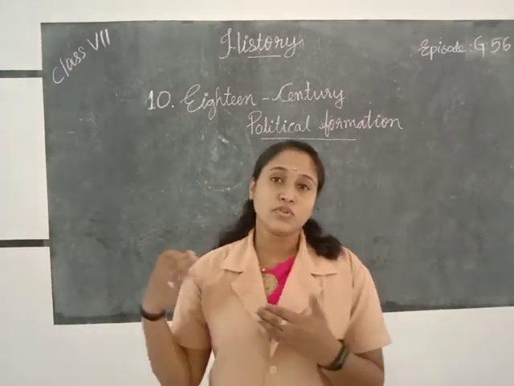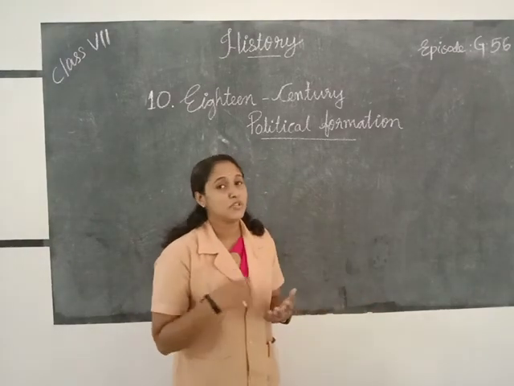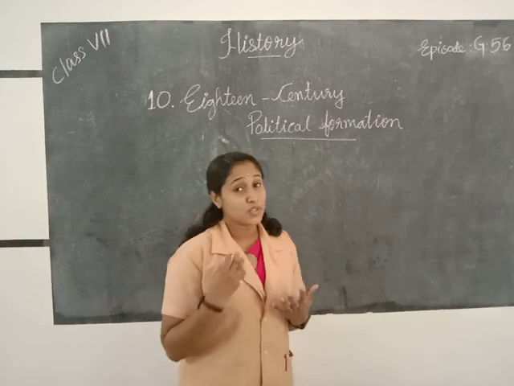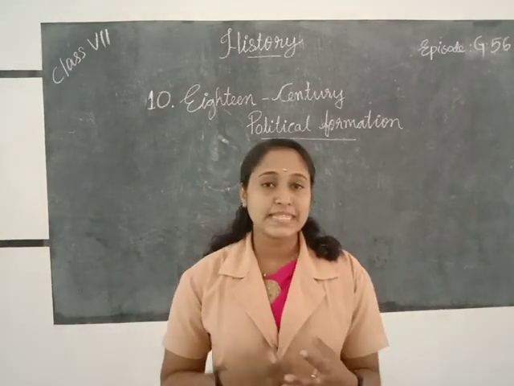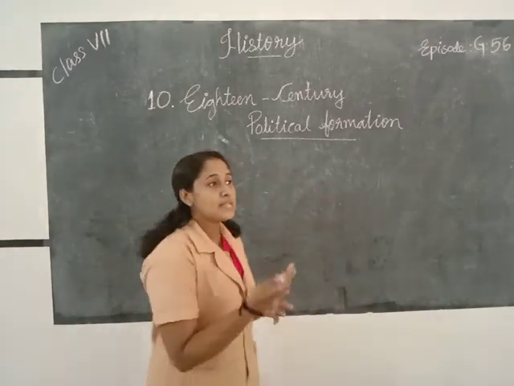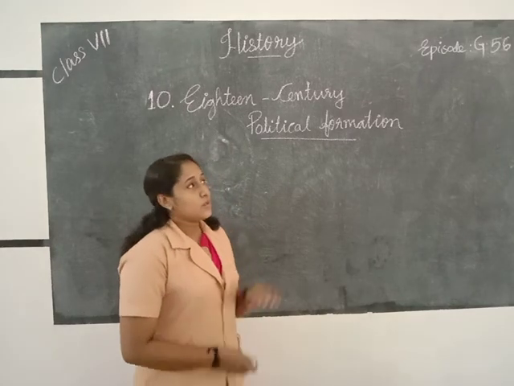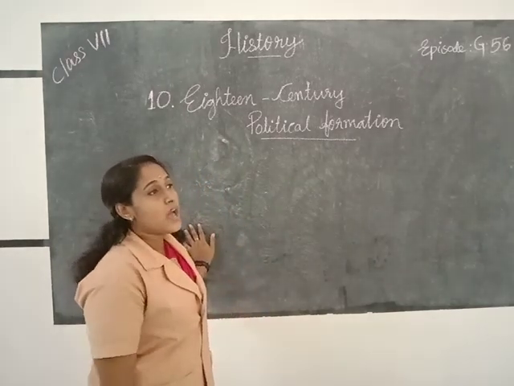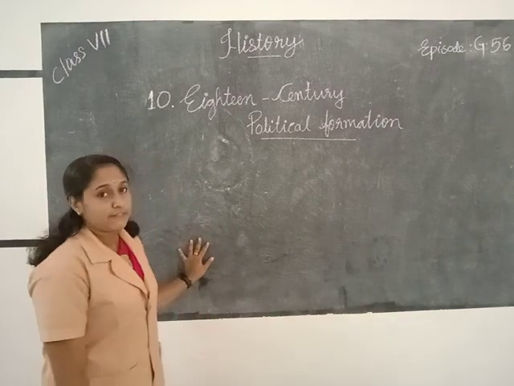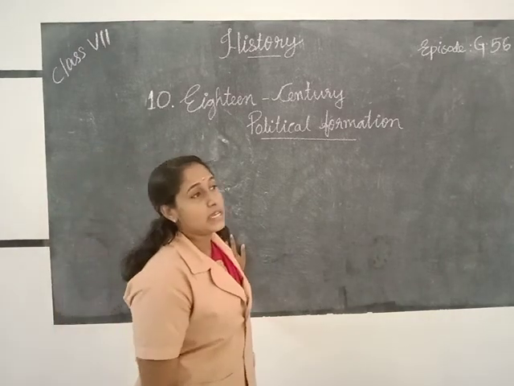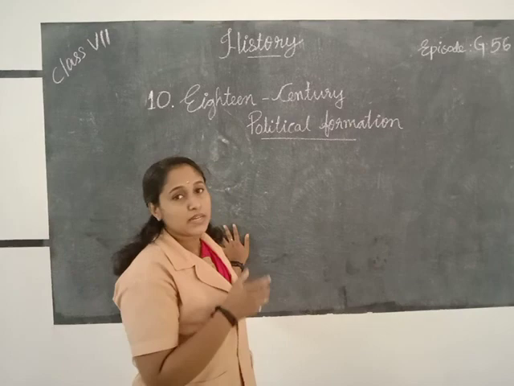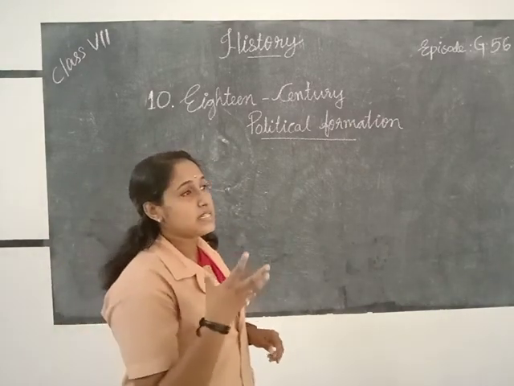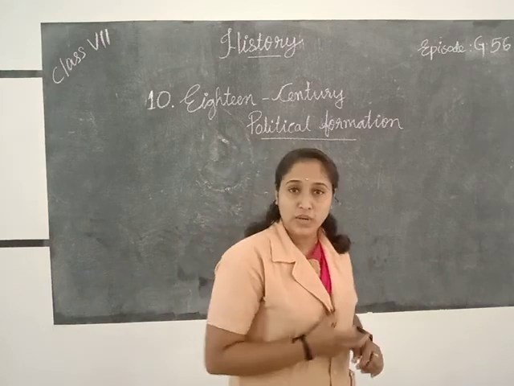Most of the British, Arabs and Persians also wanted to trade with our country because we had so many natural resources, spices, cotton, etc. So they were impressed. So we also discussed the presence of the British in the Mughal period. By 1765, the British became the most important power in our country. That was the starting point of British rule.